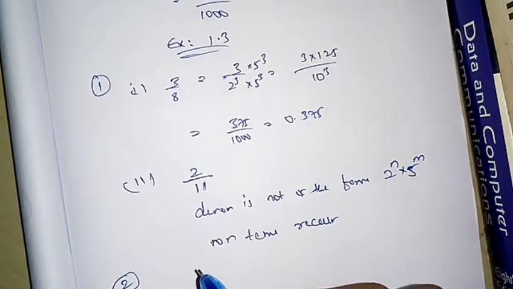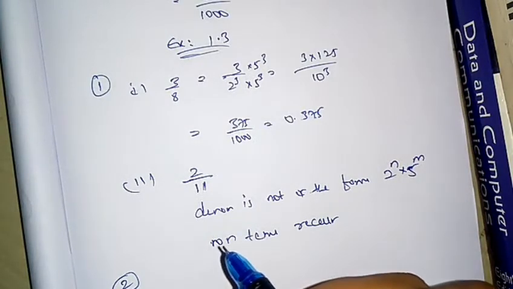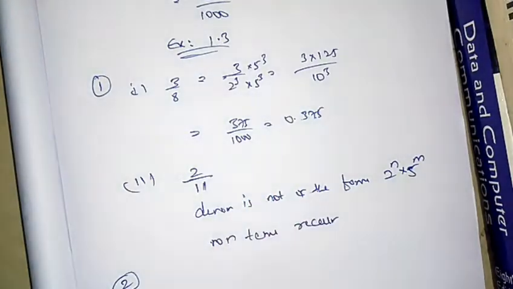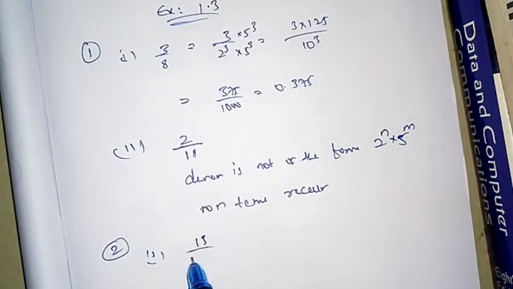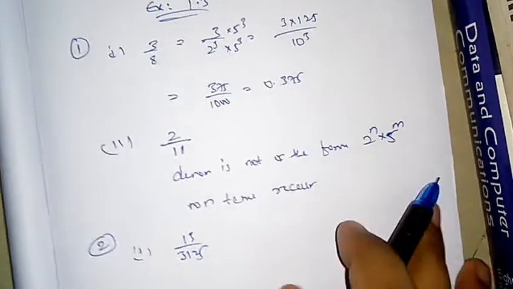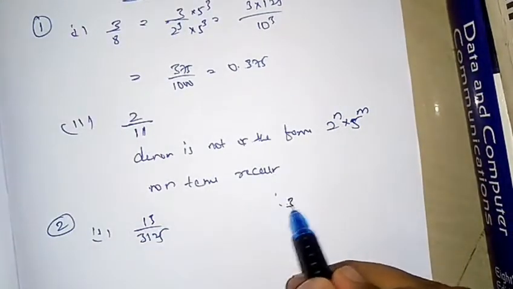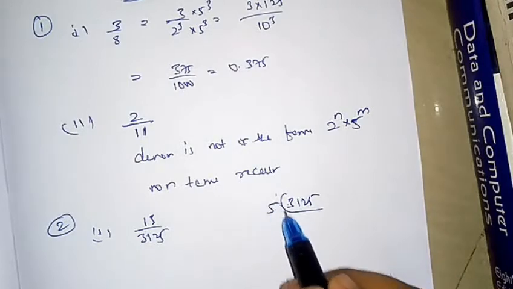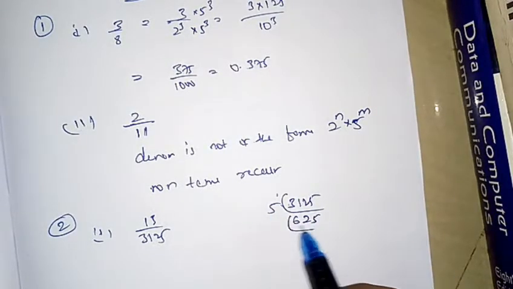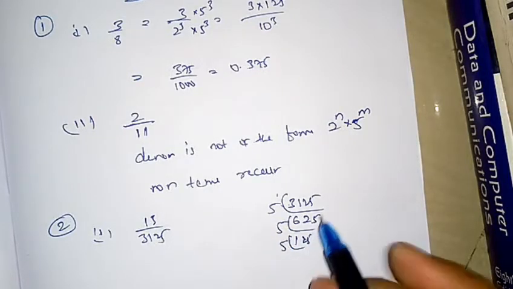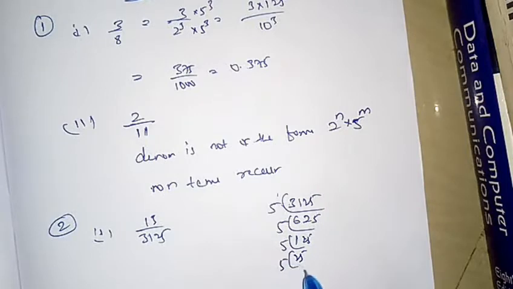Without performing division, state whether the following rational numbers will have a terminating decimal form or non-terminating repeating decimal form. So first one, 13 by 3125. Now let's do prime factorization for the denominator. 3125 is 5 power 5.